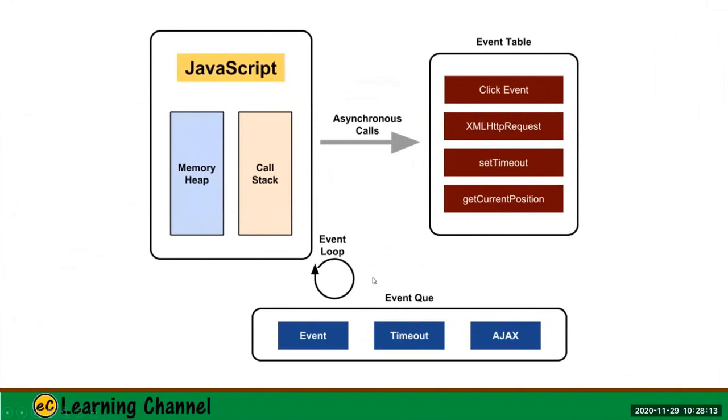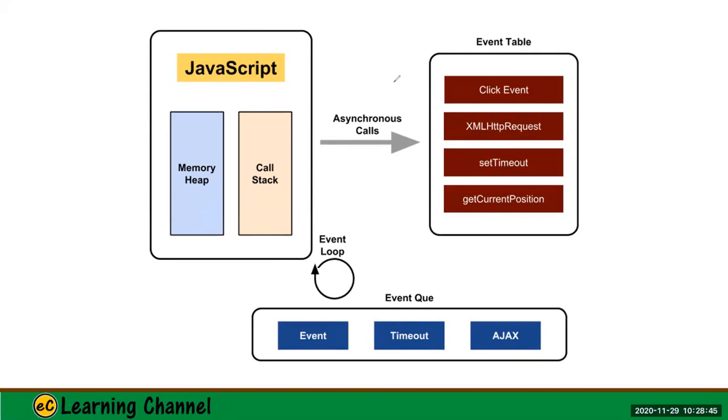So your JavaScript will have memory heap and call stack, right? This is called the JavaScript engine, okay? And they are object models, okay? And once your event is clicked on your things, it will send the event to the event queue, and then the loop will process it for you. So there are several things that will be events.